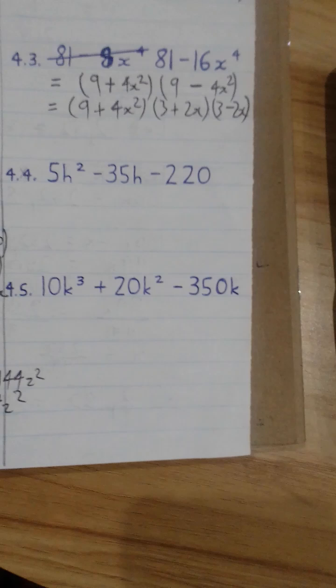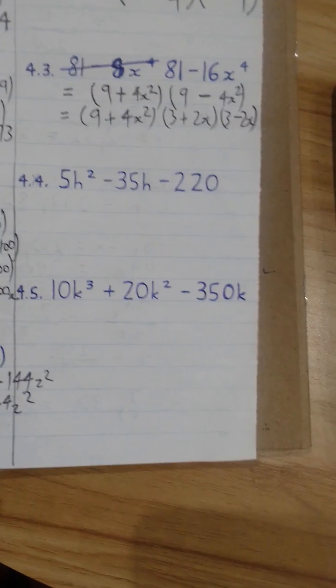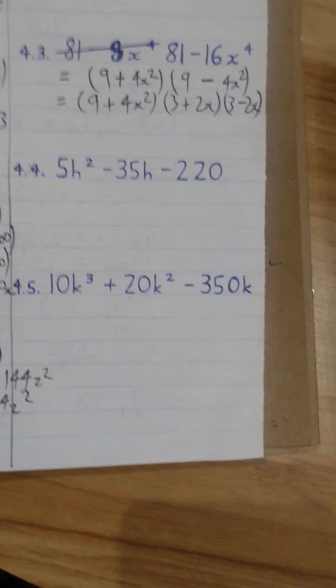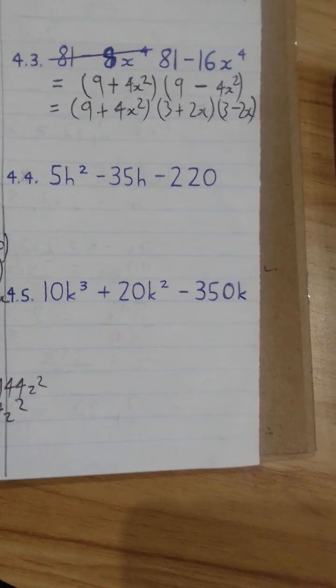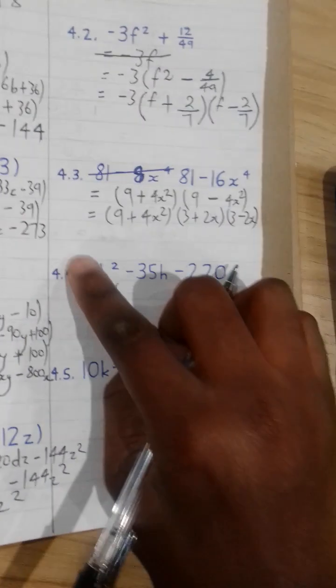4.4. 5h squared minus 35h minus 220. Quadratic trinomial. Is there a common factor of a number? Yes, 5. 5h squared divided by 5, they cancel each other out.